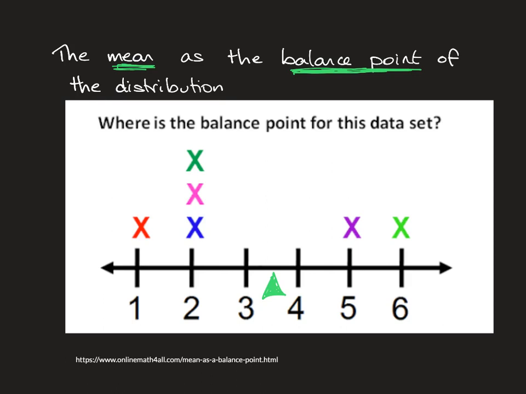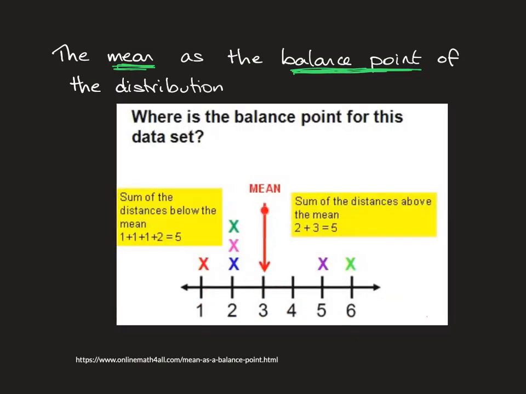Well, what you can do is think about the distance that those points are away from each other and try and find a point somewhere on the x-axis so that the sum of the distances below that particular point equals the sum above.